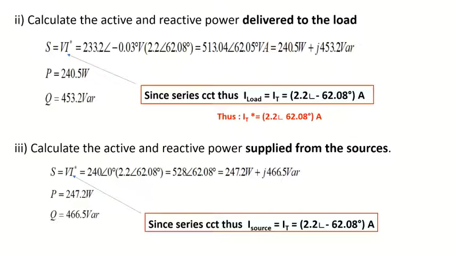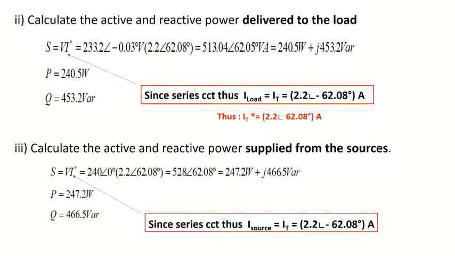One of the important formulas in three-phase is how to get the apparent power. The apparent power is equivalent to the respective voltage times the conjugate of the respective current, the I star here.